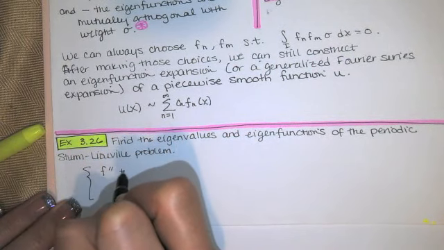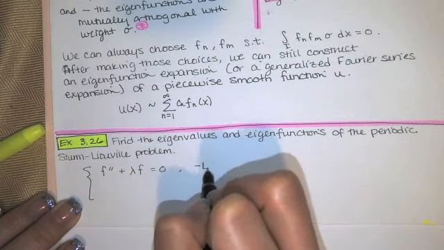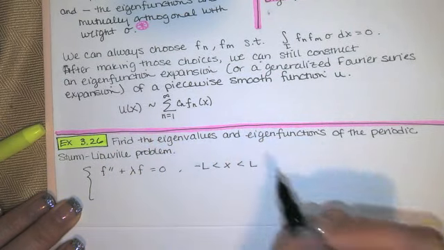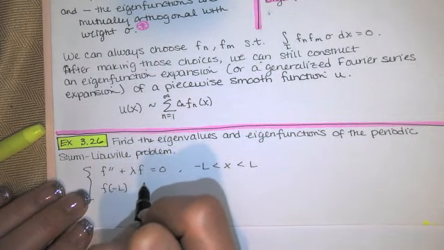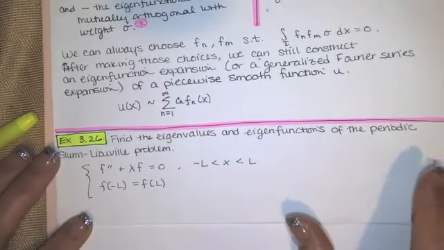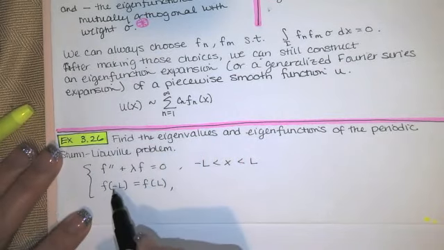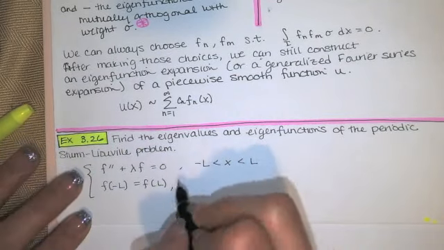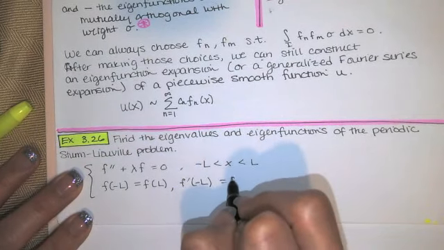And this time our differential equation is f double prime plus lambda f equals 0. And we're interested in the interval from negative L to L. And we're told that at negative L and at L, the solutions that we're looking for have the same value. The y value on the left and the y value on the right are identical. We also want the slope to be the same when it starts and when it stops.